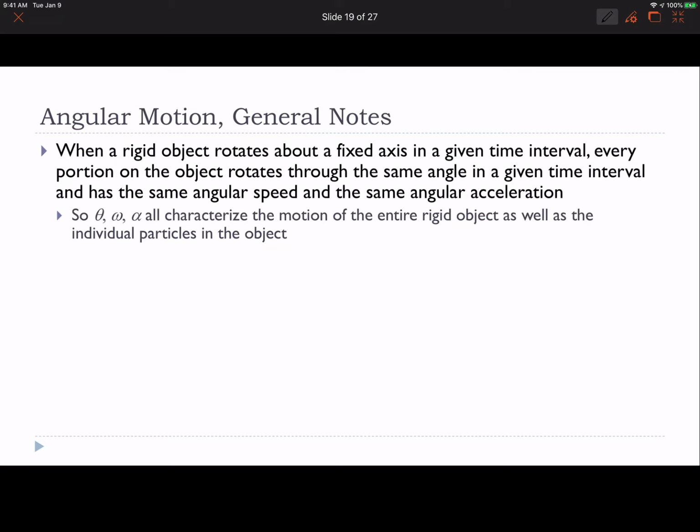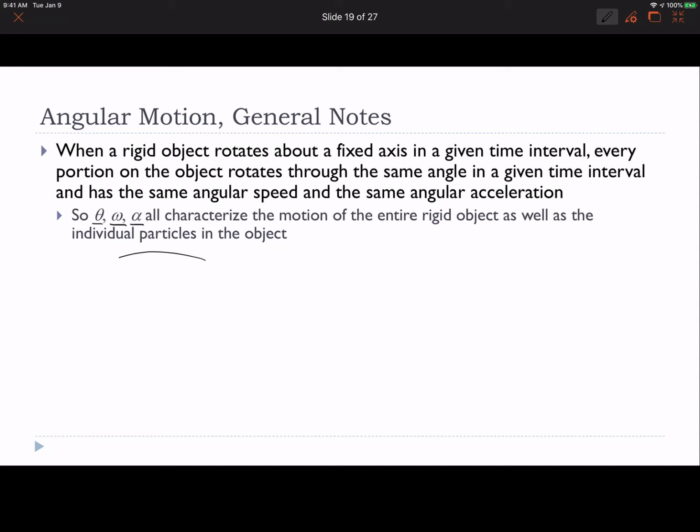So just some general things to keep in mind. We have now defined angular position, angular velocity, and angular acceleration. For a rigid object, all of the points on there at any instant in time will have the same angular displacement, the same angular speed, and the same angular acceleration, right?